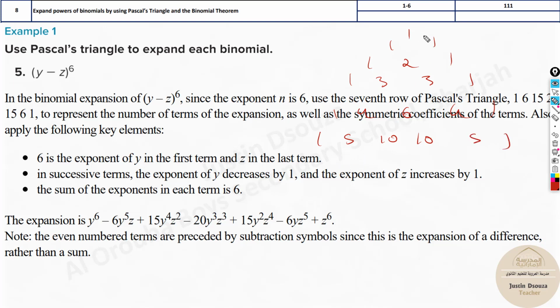Now this is row 0, 1, 2, 3, 4, 5. Oh, we need 6, so there is one more. So it'll be 1, 5 plus 1 is 6, 15, 20, 15, 6, 1.